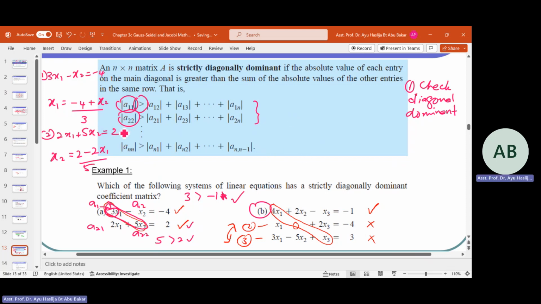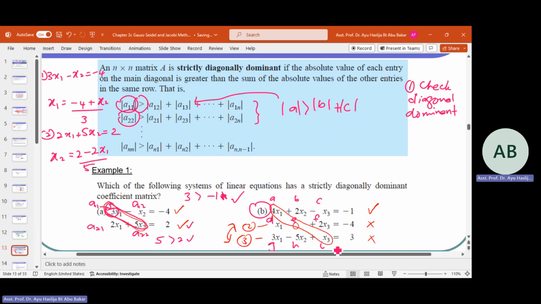In diagonal dominance, other than using A11, A22, I used to teach my students to use easier letters, A, B, C, D. It's up to you how you want to use them. F, G, H, I. So A must be larger than B plus C. Similar to this, but I use other letters.